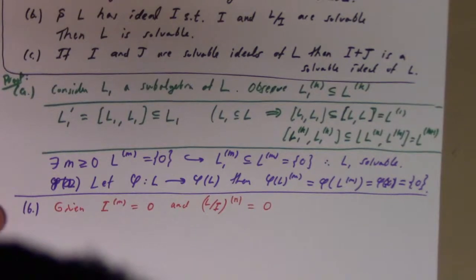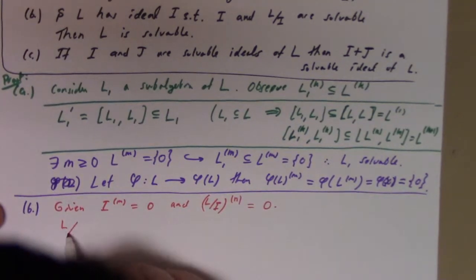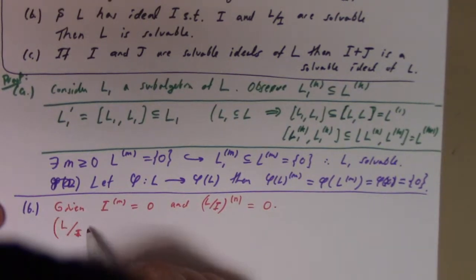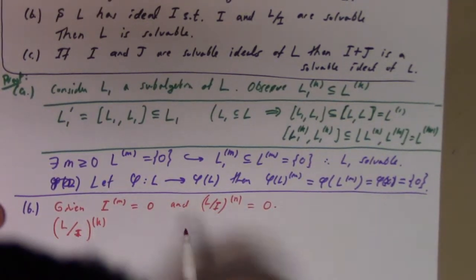Ooh, interesting. So his starting point is, here's what he says. He says L mod I, the kth derived series of that, right, is equal to, what is it equal to?